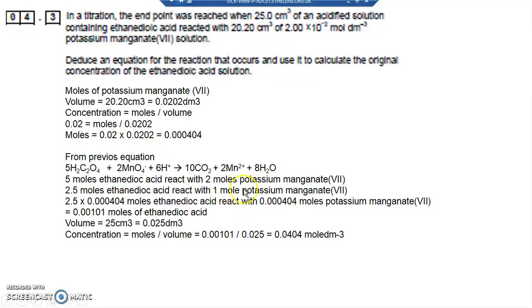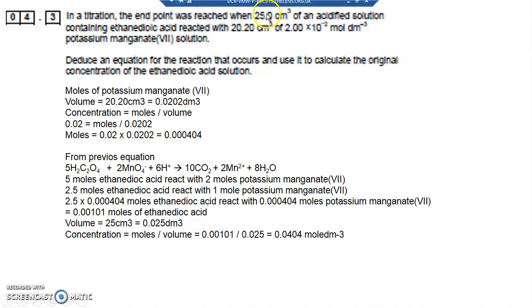I haven't got 1 mole of potassium manganate(VII), I've only got 0.000404 moles. So if I multiply this number by 2.5, I'll work out the number of moles of ethanedioic acid that I've got: 0.00101 moles of ethanedioic acid.